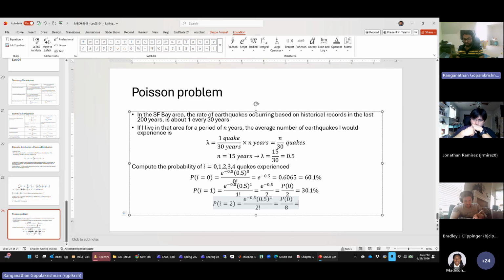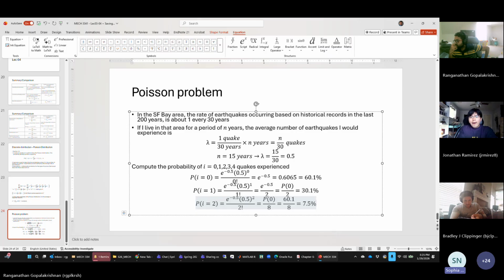Or in other words, this is 60.1 divided by 8, roughly 7.5%. I can be precise, but that's not the point. It's about seeing how nonlinear this thing is.